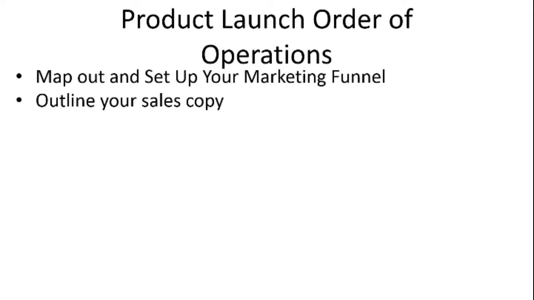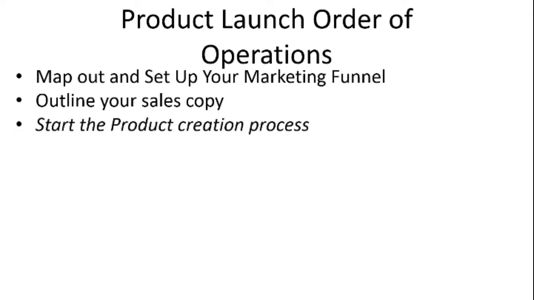This again will help you to determine what you put in your product. What you don't want to do is to create the entire product first, obviously, and then go to the marketplace with it. You want to go to the marketplace, determine what you know is going to sell, and then go and create your product.